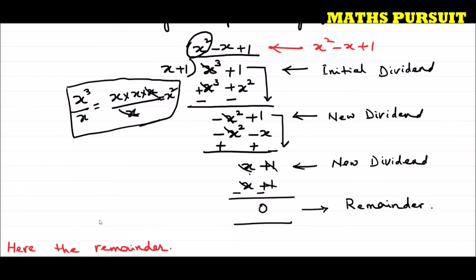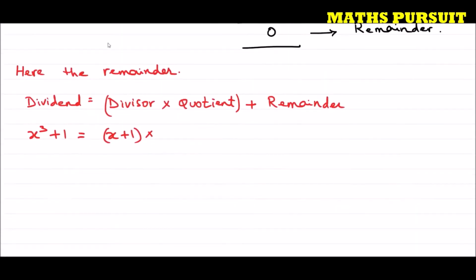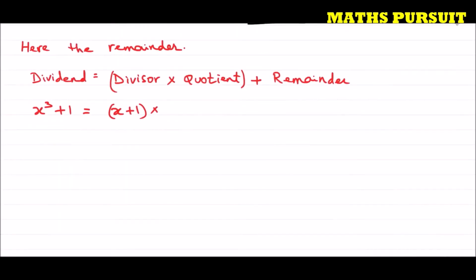So if you do this process, we will get x to the power 2 minus x plus 1 as our quotient, plus remainder 0. If we solve this and get the left hand side equal to the right hand side, then only we can say that our division process is correct. This is the first method, you can check in this way.